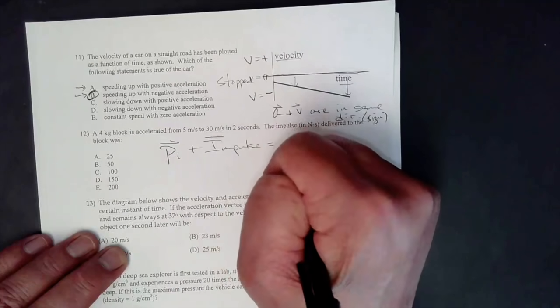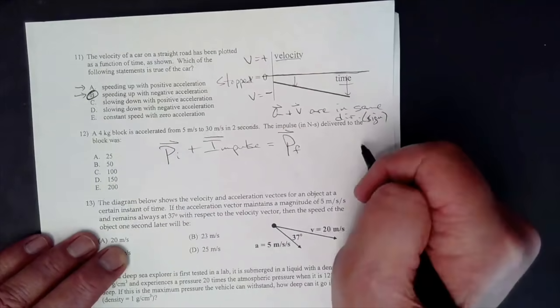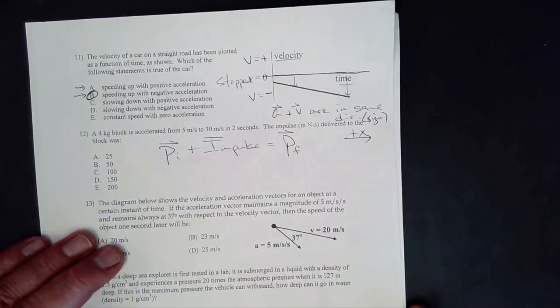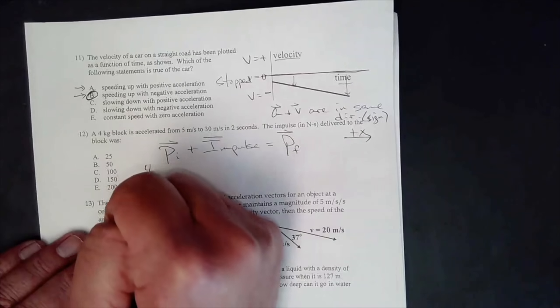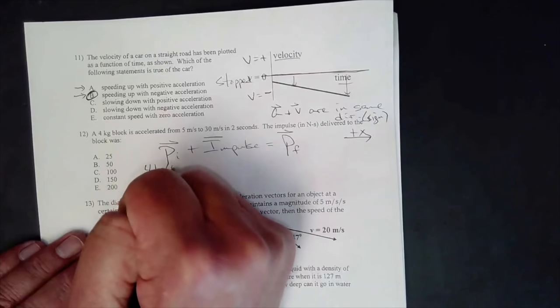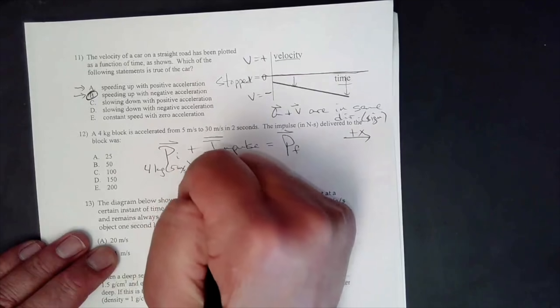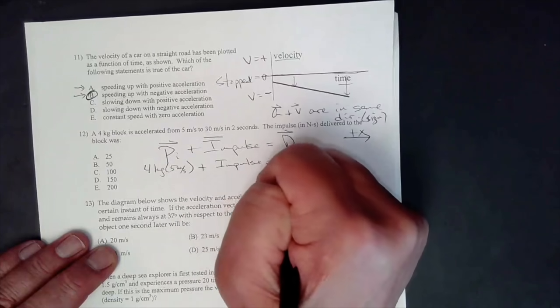We're going to choose to the right to be the positive x-axis. That's the direction we're going to assume everything's going. Here I start out with 4 kilograms moving at 5 meters per second. And I put in the impulse, and I get 4 kilograms moving at 30 meters per second.